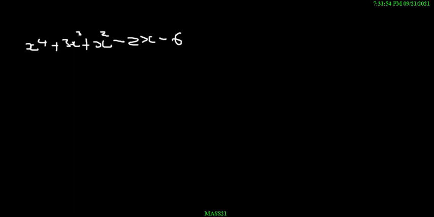Let's try this one. This polynomial function is divided by x plus 3. So we can start with the remainder theorem. We're going to have negative 3 here. Remember, if it's positive here, then we use negative 3. If it's negative, then we use positive.